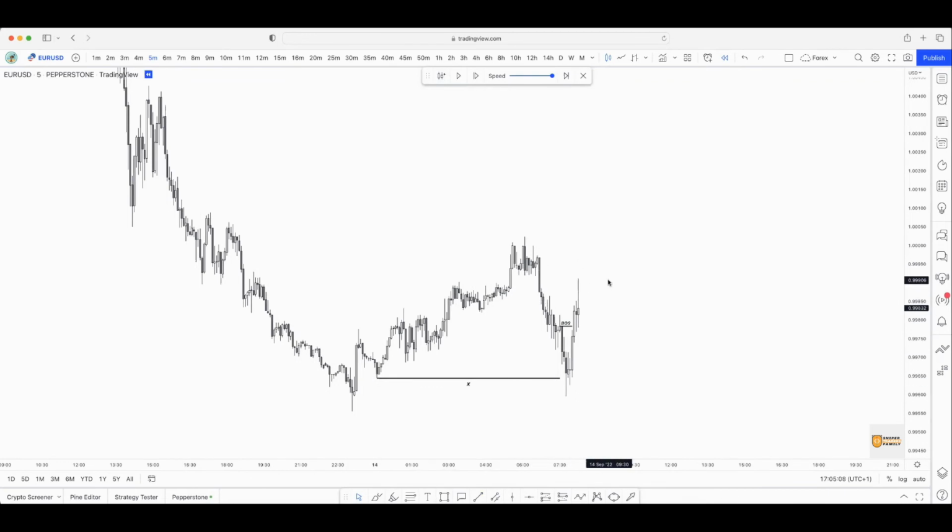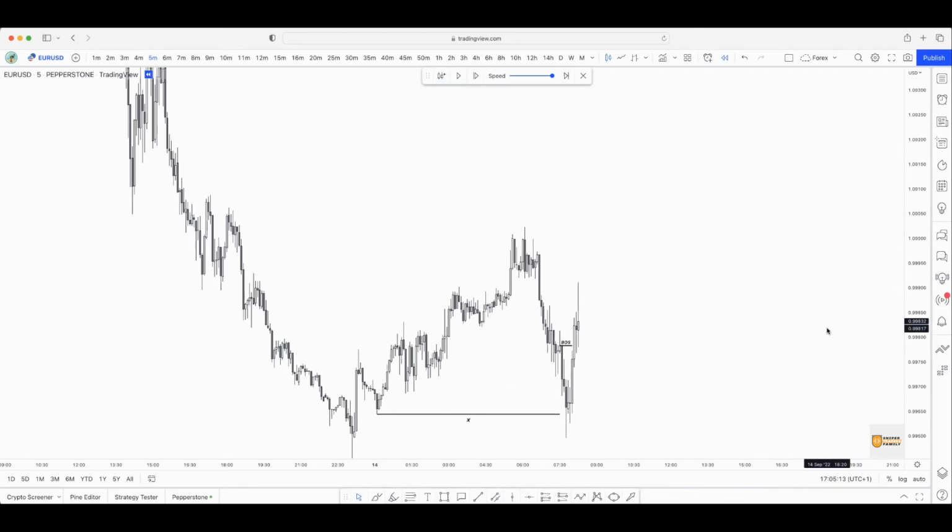Filled this imbalance. But because I was anticipating higher pricing, you understand, I was more on the lookout for buy opportunities rather than sell. I could have taken the sell down to this imbalance, but I wanted to be patient, and I wanted price to come down. This was where I was much more interested in this area. And so we have this imbalance here.